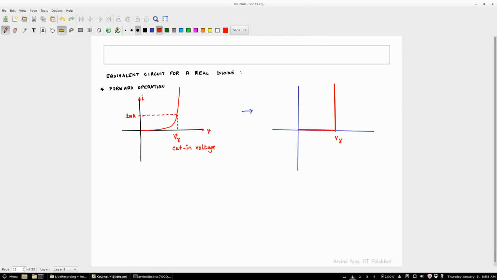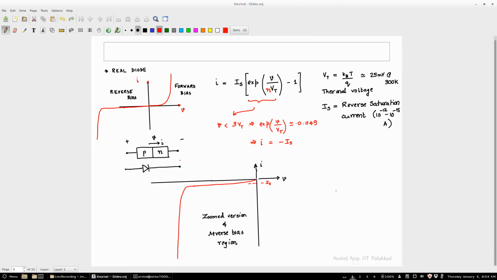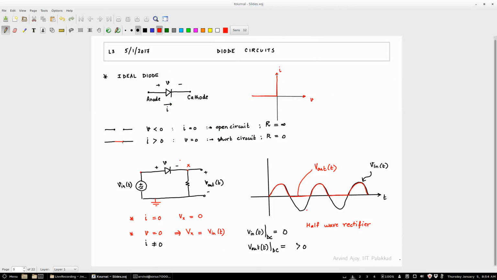The simplest approximation for this curve could be that the current is 0 all the way until V gamma, and then vertical at V gamma.